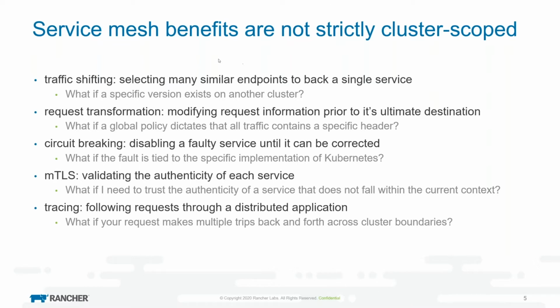We have mTLS. I think mTLS is something that people should just want across all of their traffic. It validates the authenticity of each service, so you don't have any man-in-the-middle attacks or anything like that.